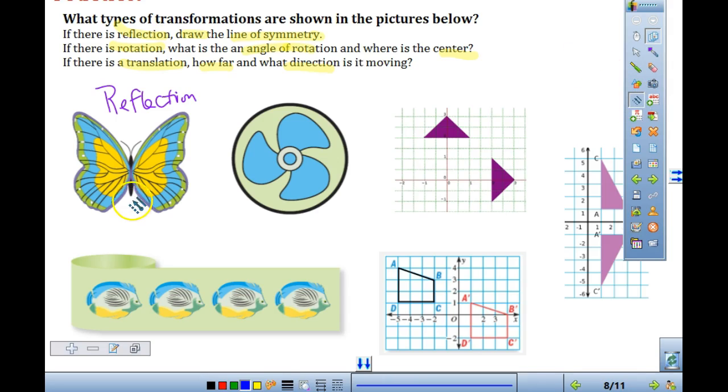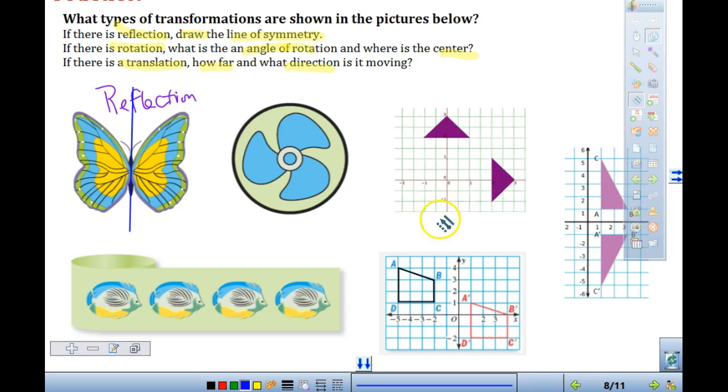You cannot draw a horizontal one because this part of the wing does not match up to down here. So you can only draw the one line. If it's a reflection, you're going to draw that line of reflection, so please draw that line in.